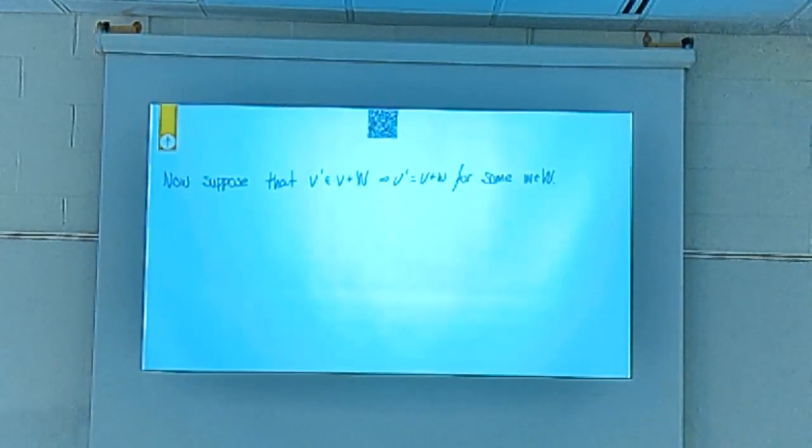Then v prime is v plus some element of the kernel, right? That's the definition of the coset.